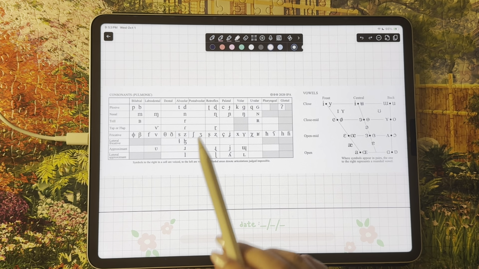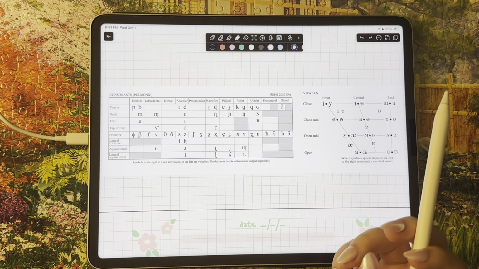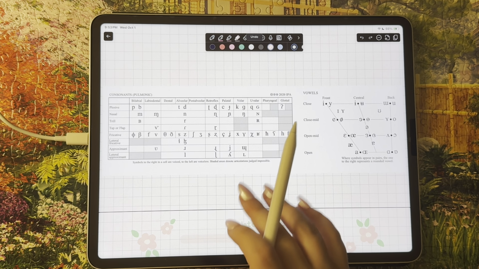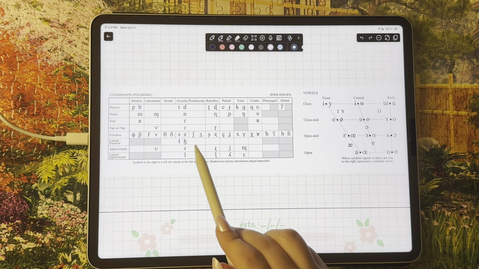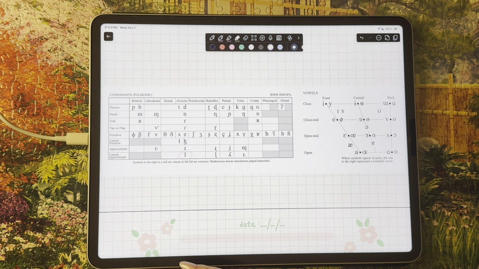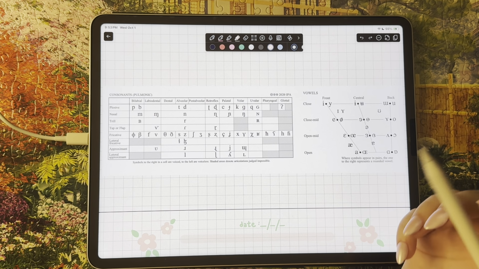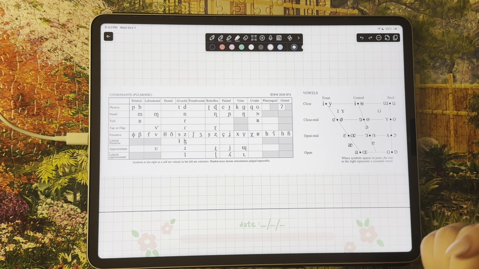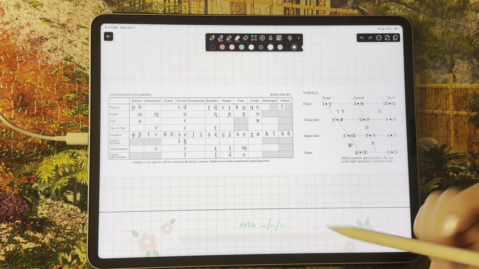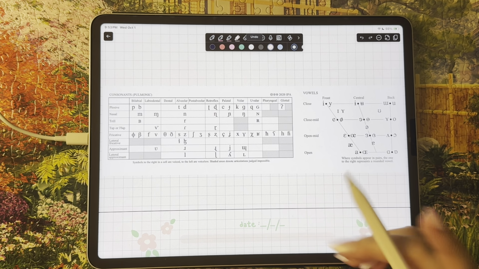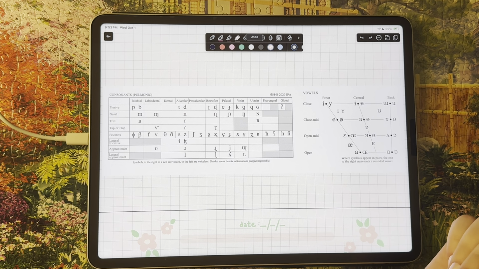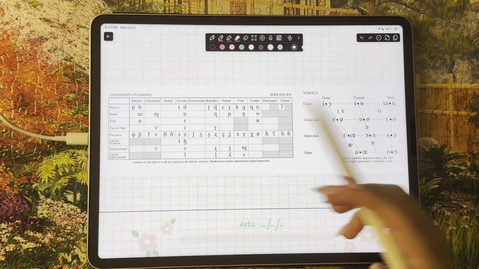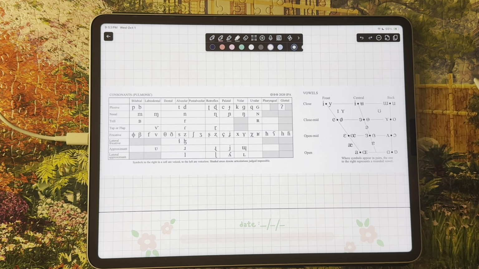Then we have our alveolar lateral approximant, L, which is pretty much written in English how it sounds. I know a language that has these in it, but not English. Okay, I think that's all for the consonants for now.